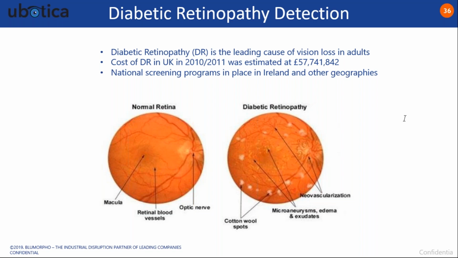We deem this a good application for computer vision techniques and AI because even to the naked eye, the markers for diabetic retinopathy are quite visible, and you can see in the slide here these spots on the retina are quite easy to make out.